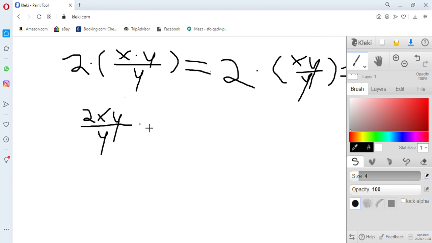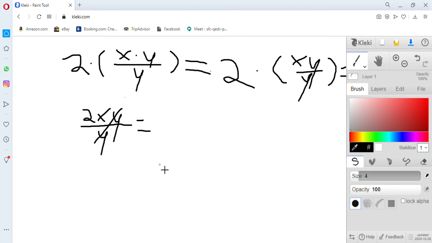So now we have 2xy over y. So you see, we have a y in the numerator, and we have a y in the denominator. If we have a y right here, we can cross them out. This is a method that some of you might have heard of, and that you can use.